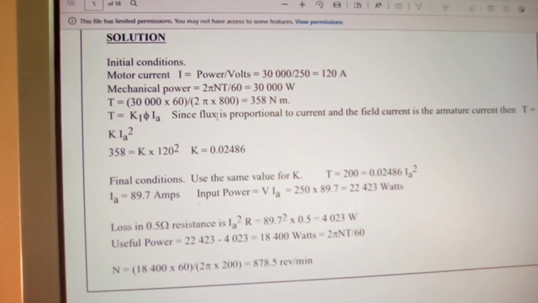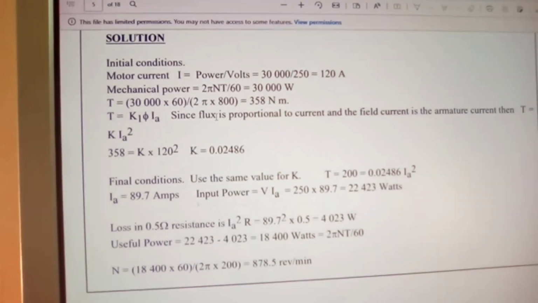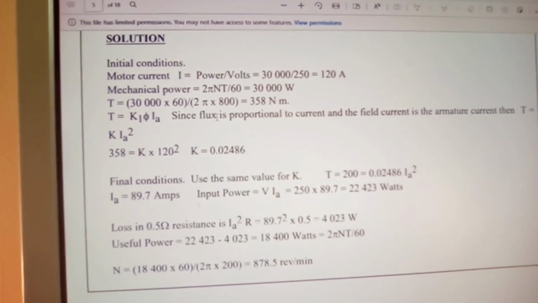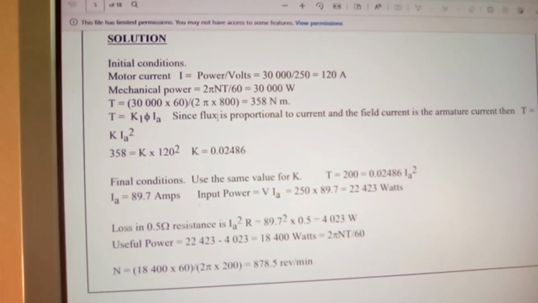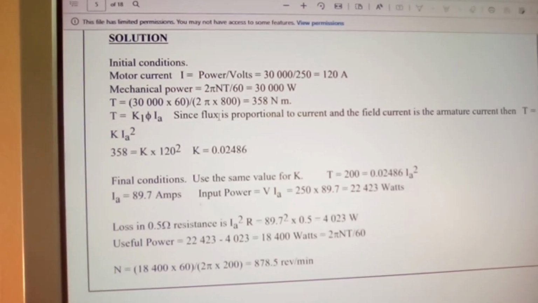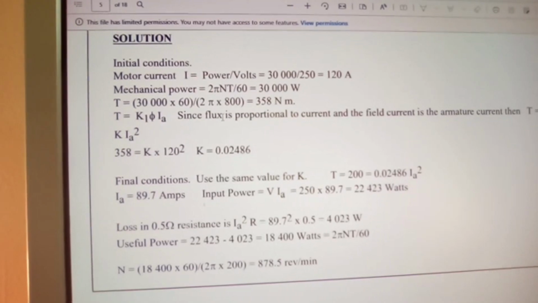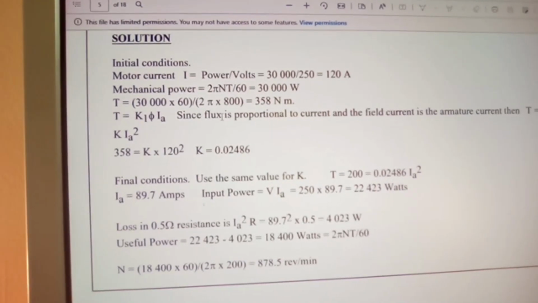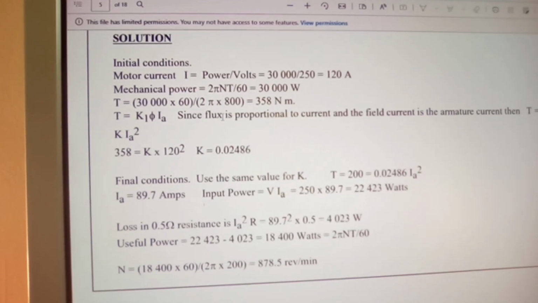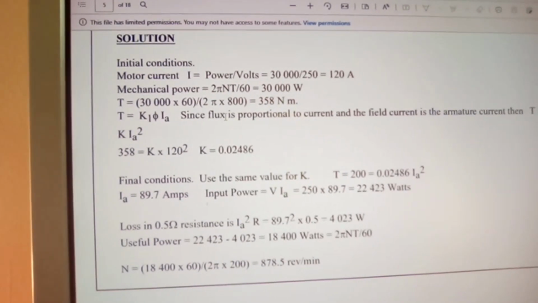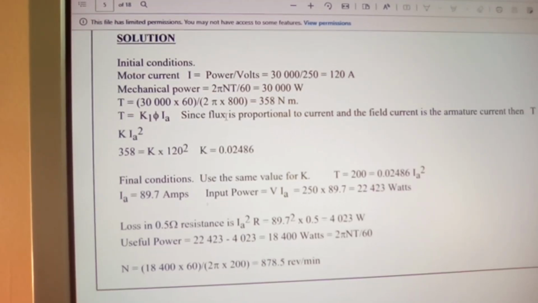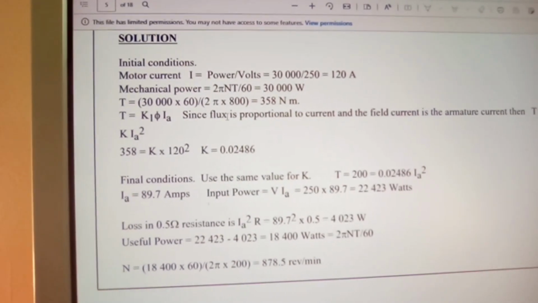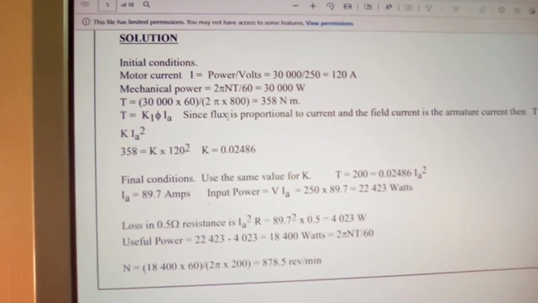Now, the interesting thing is that we have to transpose for K. Normally I would just multiply both sides by K, but I'm not going to go through all that.